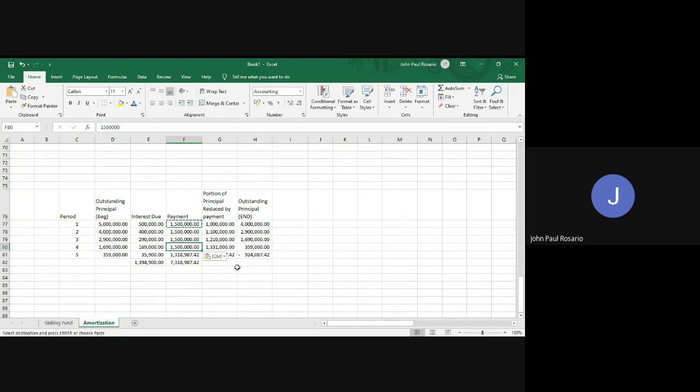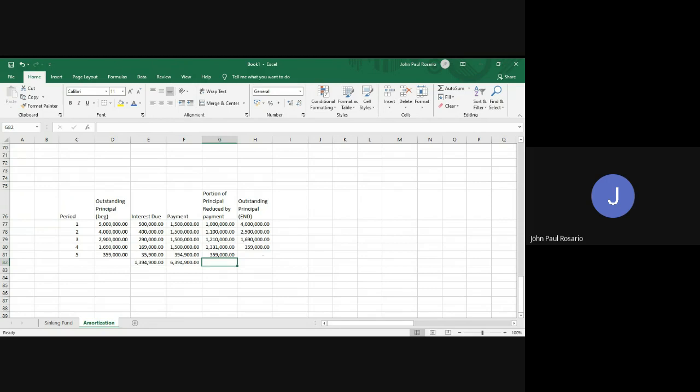to make my outstanding liability zero? Now, my final payment would be our outstanding principal beginning, and then we will add the interest due. Okay? We will now add our interest due.